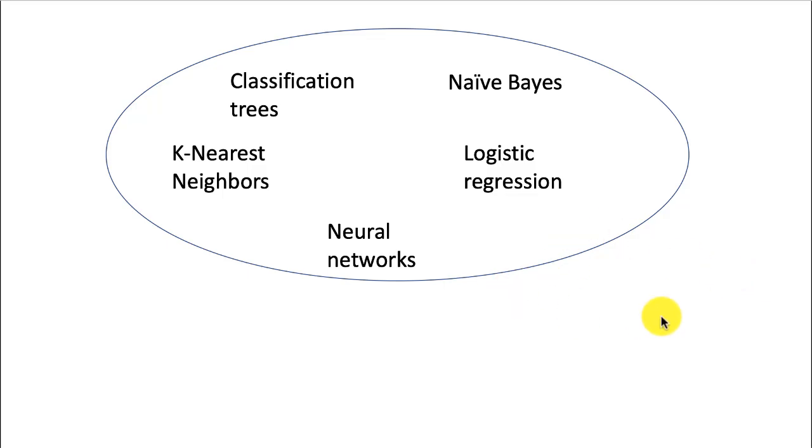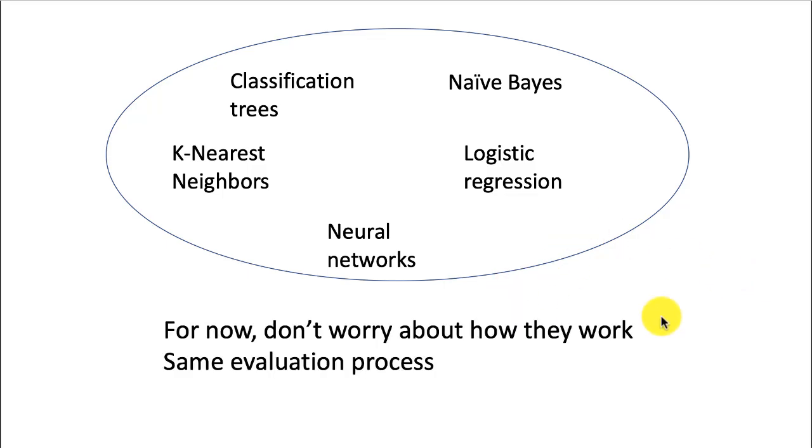I'm doing that because that process is common to all of them. So for now, don't worry about how each of these models actually works. We're going to devote a lot of time to understanding specifics of those things. For now, just assume that there's a black box. It does classification. All we are worried about is how good is it? How are we going to evaluate it?